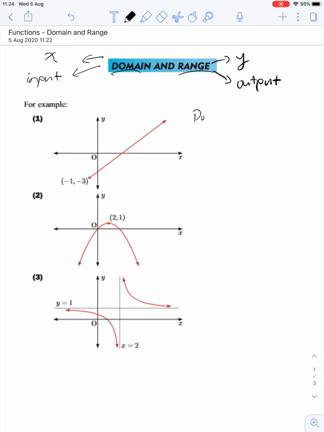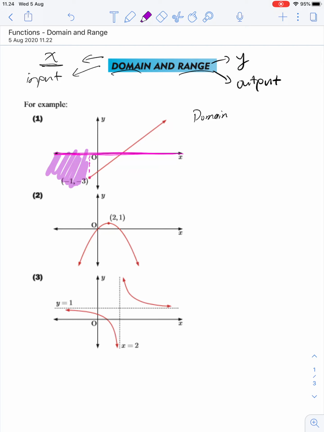If I want to find the domain, we're just talking about x values. So I'm just looking at values on the x-axis. Notice that I don't have any x values over here, right?